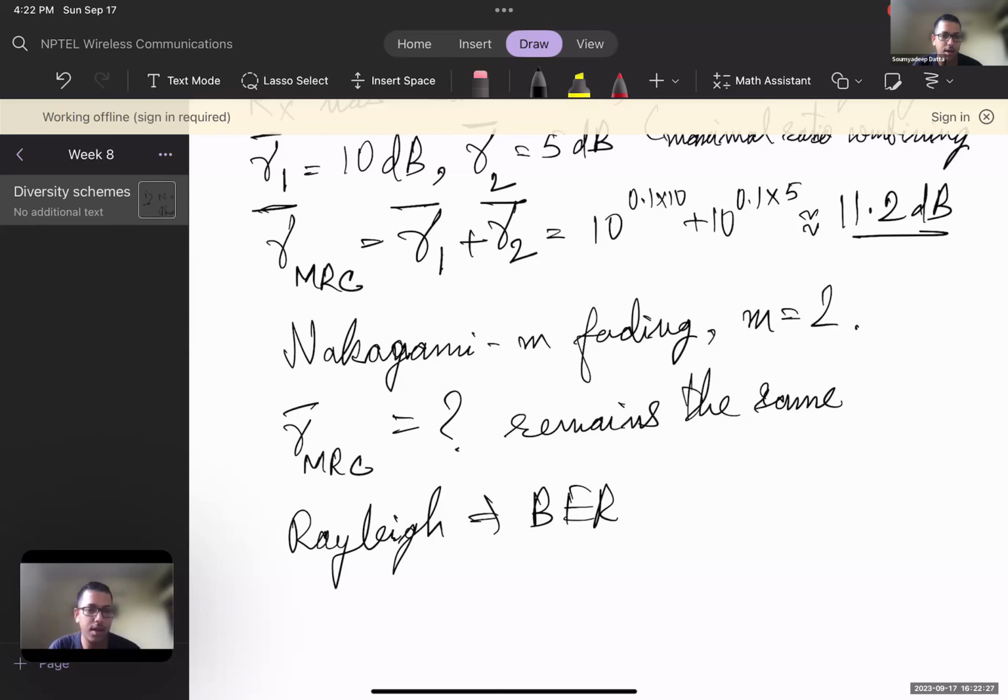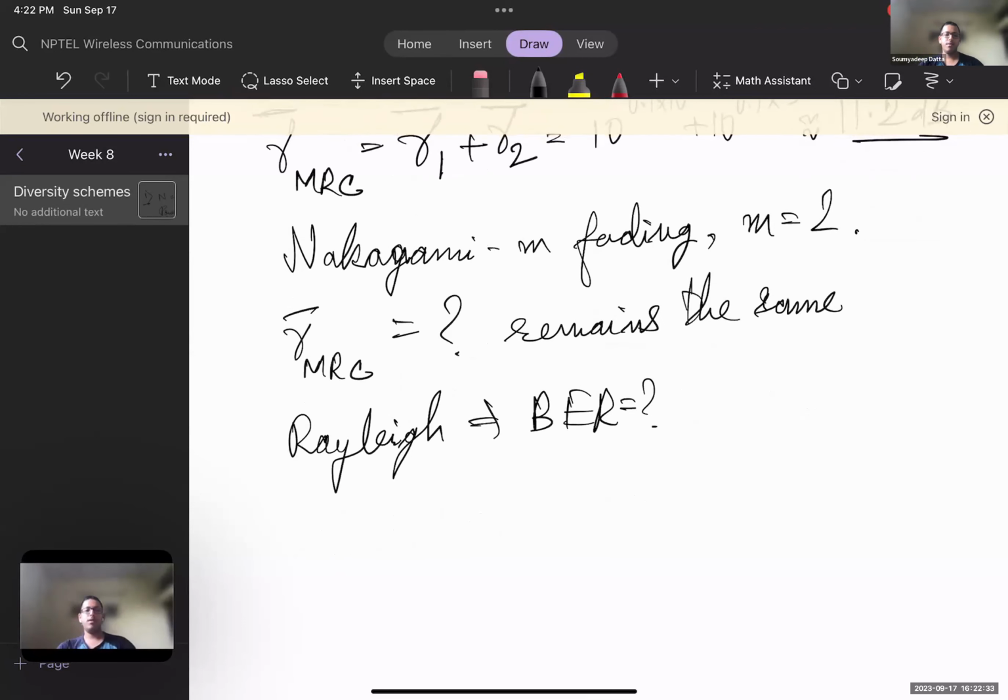This is also derived, and you are told that we are using differential BPSK, DBPSK modulation. The derivation is there in the lecture notes.